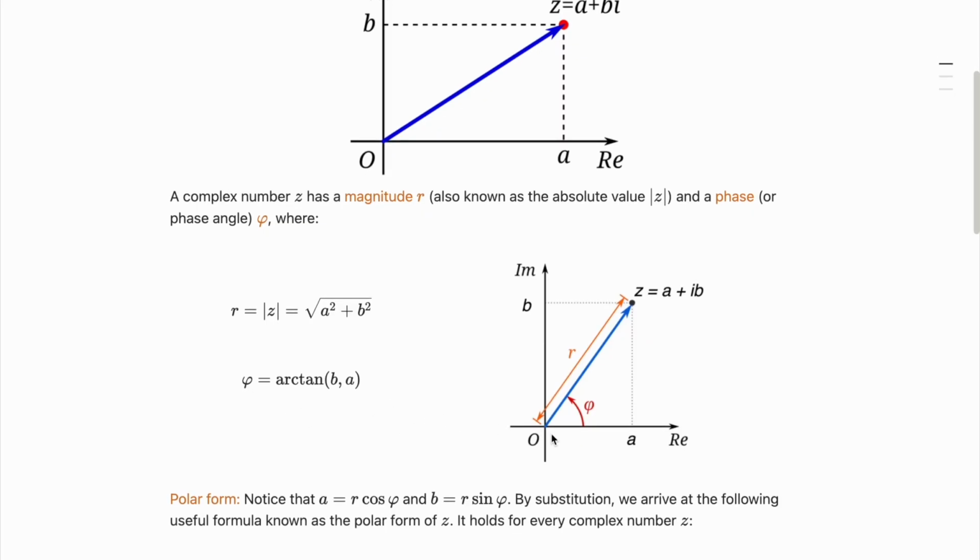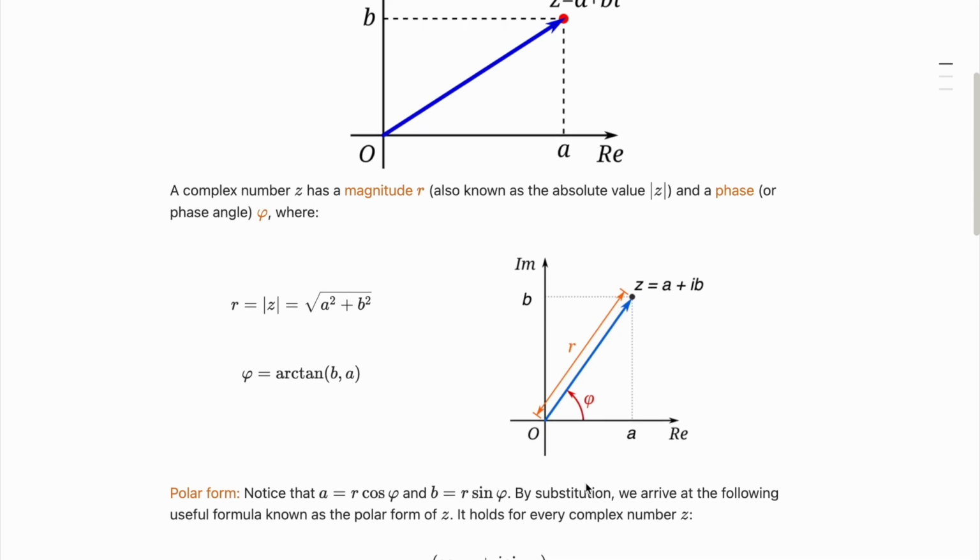If we look over here, the real component of the complex number a can be expressed as its magnitude r times the cosine of phi. So a is r times the cosine of phi, and b, which is the imaginary component, is r times the sine of phi. Okay?